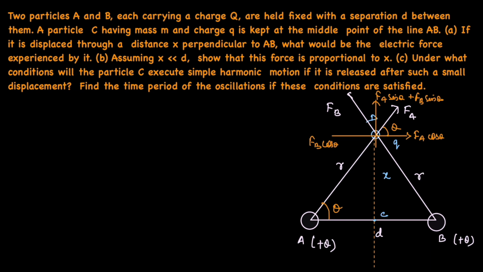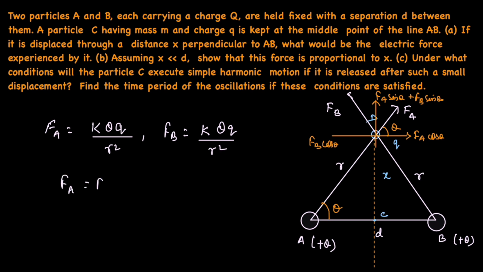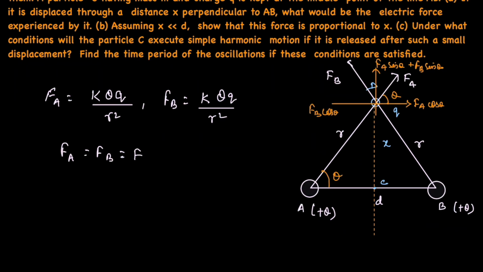In this question, FA is equal to K capital Q small q by R square, FB is equal to K capital Q small q by R square. So we can say that FA is equal to FB is equal to F. With respect to x-axis, both the forces will cancel out because the force is the same and they are in the opposite direction.